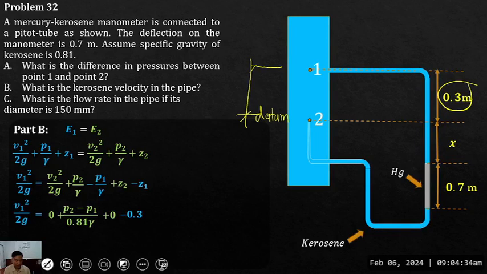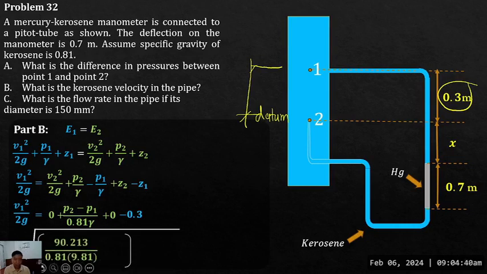Cross multiply mo yung 2G, then square root both sides. So, P2 minus P1 as we have solved earlier, that's 90.213 over 0.81 times 9.81 times yung 2G natin. Minus 0.3 muna. Tapos, multiply natin sa twice ng gravity na 9.81.